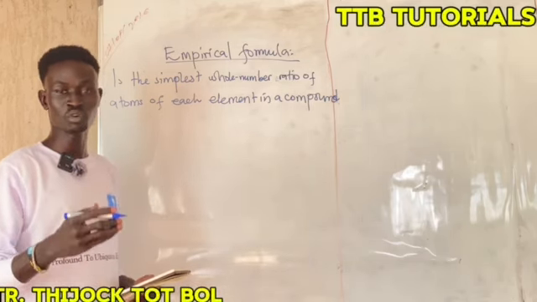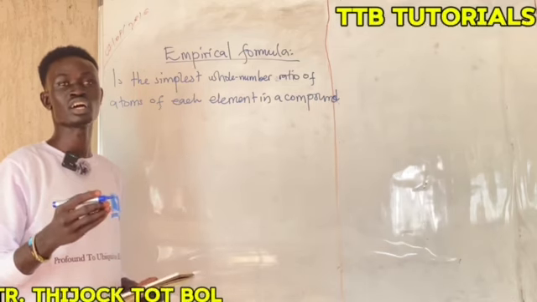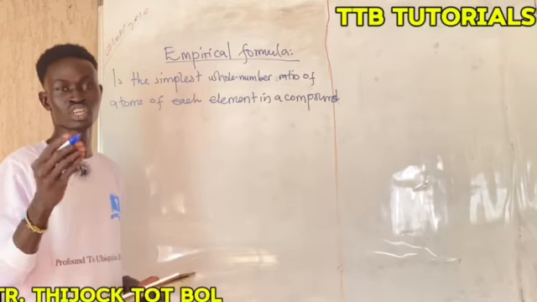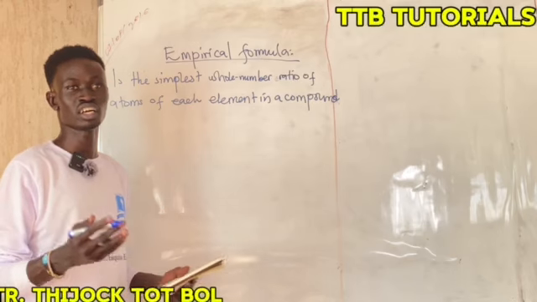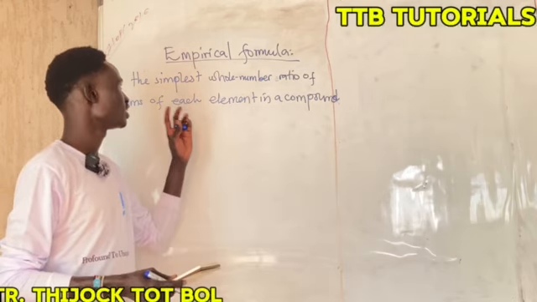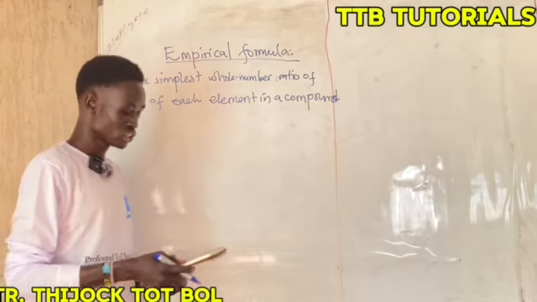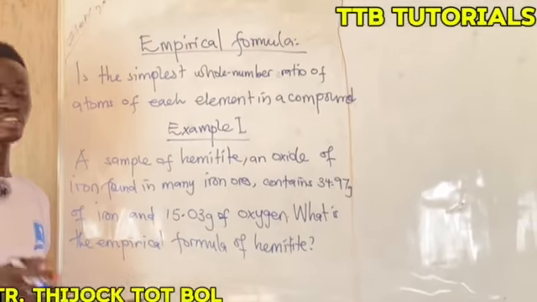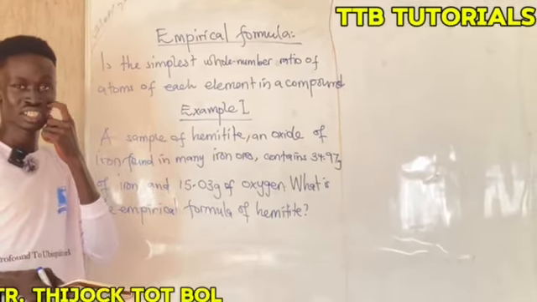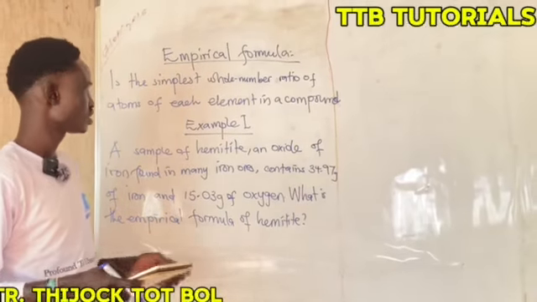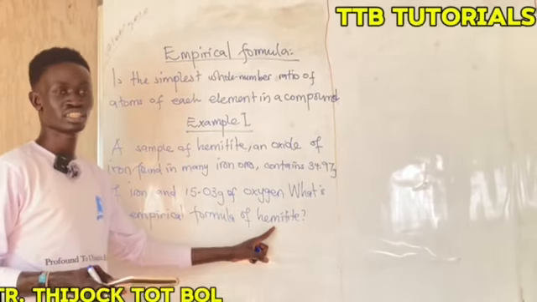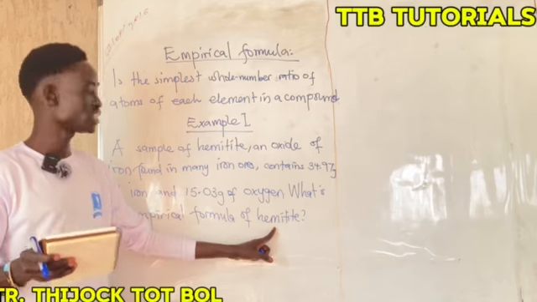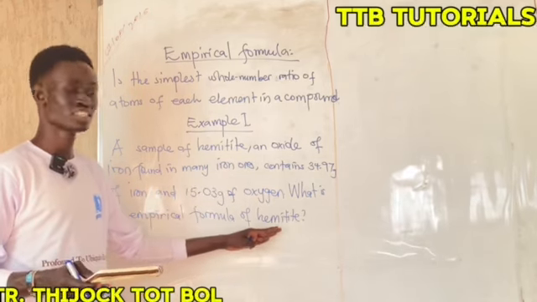Then after getting the moles, you get their simplest mole ratio, and then from there you get the empirical formula. So, for example, in this question, you are given the grams of different components of hematite. So now you are asked to find the empirical formula of this compound.